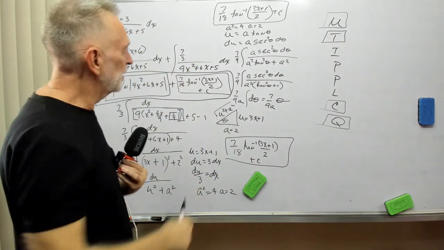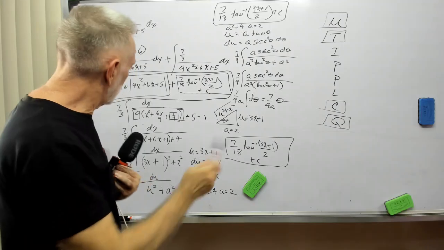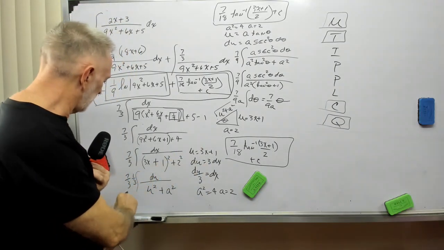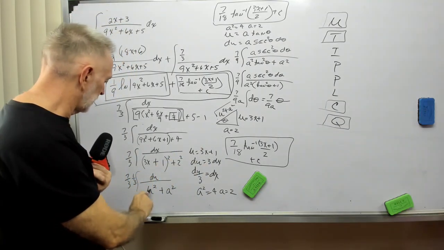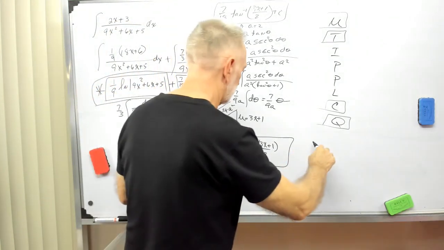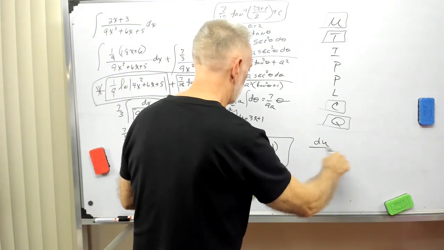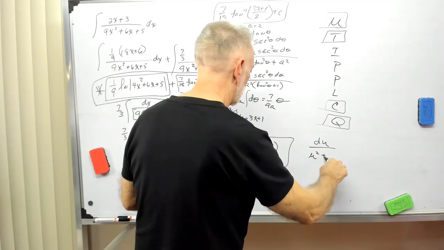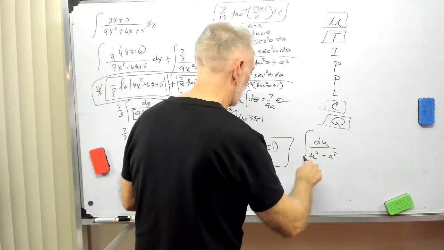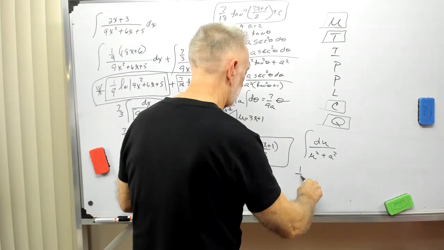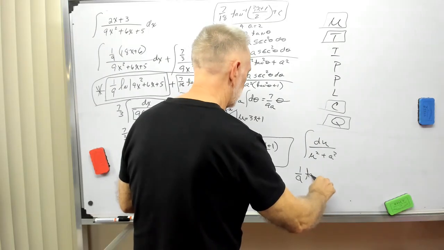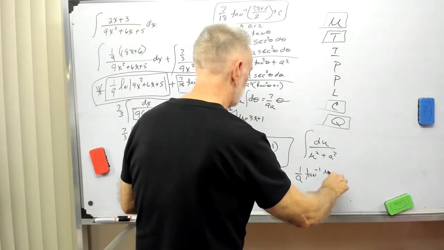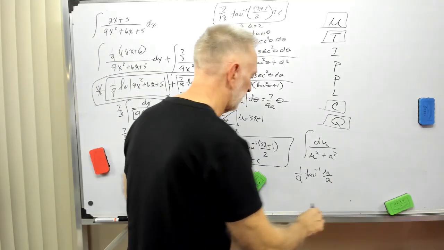Sorry for the big mess here. But again, your teacher probably wants you to recognize that the integral of du over u squared plus a squared is 1 over a tangent inverse u over a.